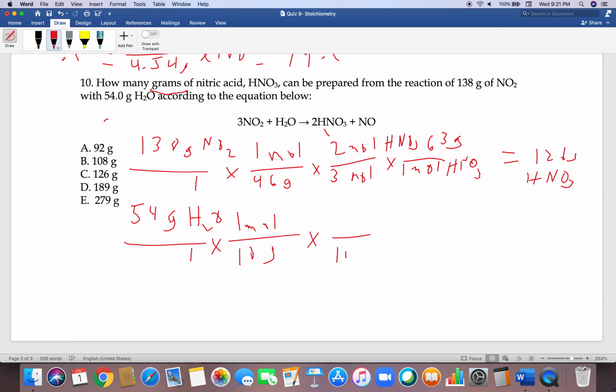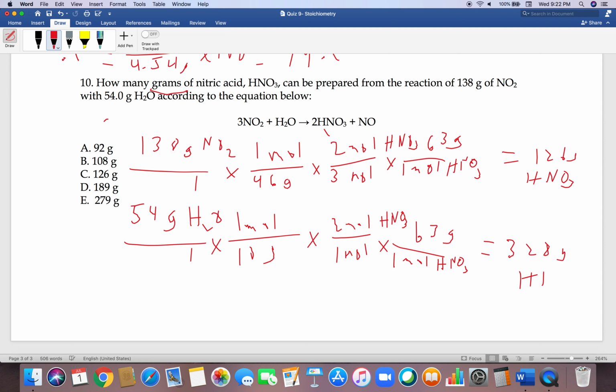We have 1 mole of water per 2 moles of nitric acid, and 1 mole of nitric acid is 63 grams. So when we type this in, we get 328 grams of nitric acid.